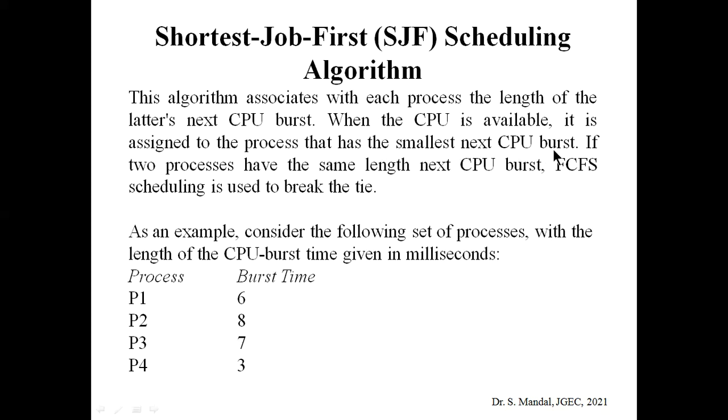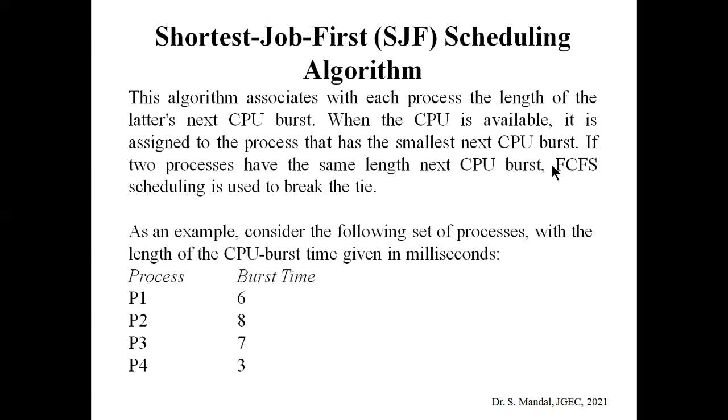Okay, so we should always compare. That means at a certain time instance, we should compare the burst times of all the processes, and the process which has the least burst time should be executed first. Now whenever two processes have the same length, in that case the FCFS algorithm will come into the scenario to break the tie.